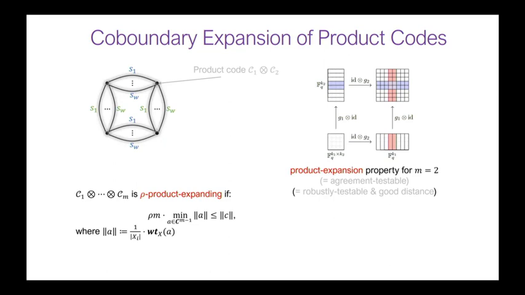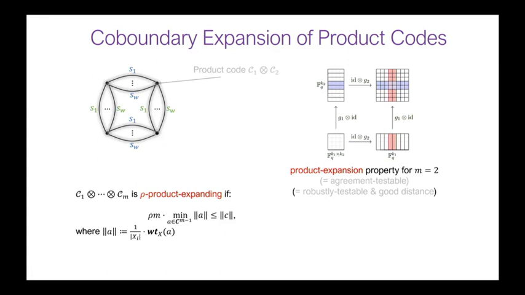You have a product code, and you can choose some codewords, some rows from some code A, and some columns from some code B. And when you choose them, you sum this together, as is shown in this chain complex. And you are interested in this value that is shown below.